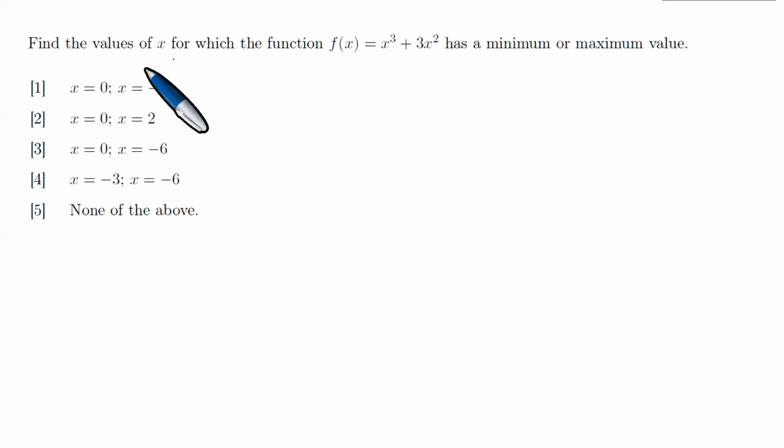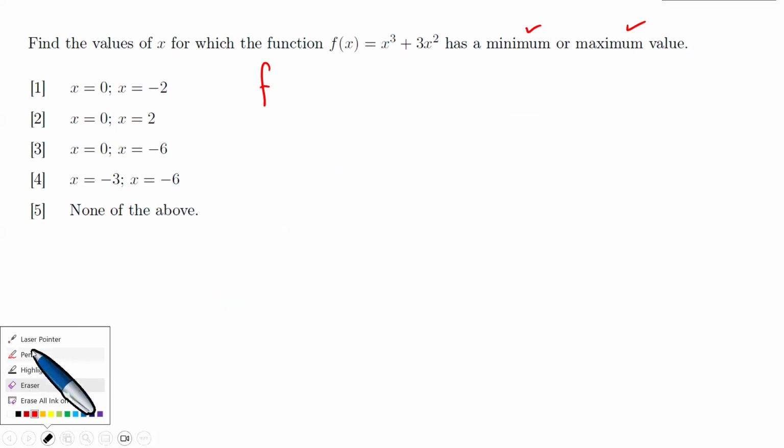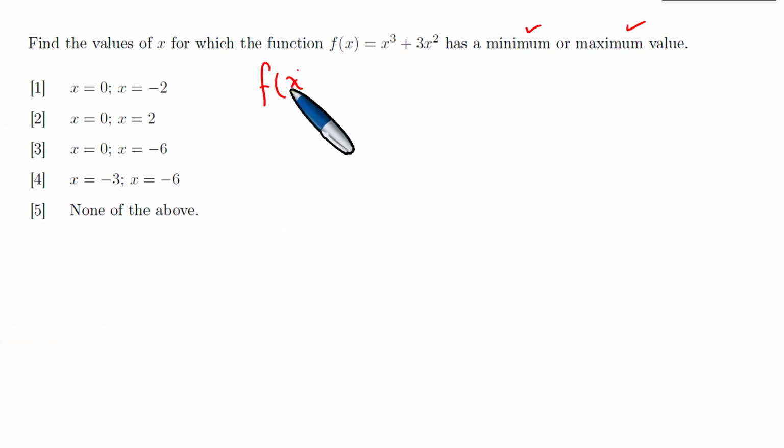Now find the values of x for which this function has a minimum or maximum value. So for the minimum or maximum, we note the function first, which is x cubed plus 3x squared.